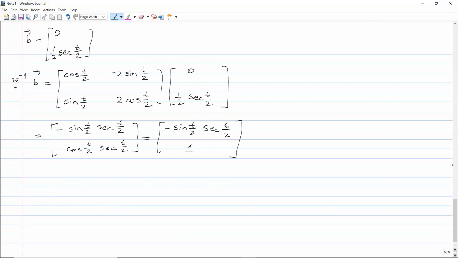All right, now we need to find the integral. Remember, V is the integral of this vector. So we need to find the integral separately. For the integral of minus sine t over 2, secant t over 2, remember secant is 1 over cosine.